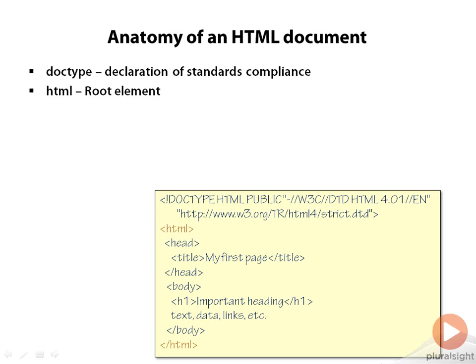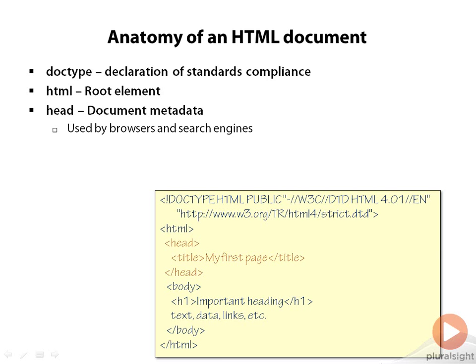So the doc type is there, it tells any client which standard we're following. We follow that by an HTML root element, which is our single top level element that's going to wrap our document. All of our other pieces are going to be contained inside of that. We have the head, and the head or header is really where we're going to provide a lot of metadata, almost exclusively used by the clients or the browsers.